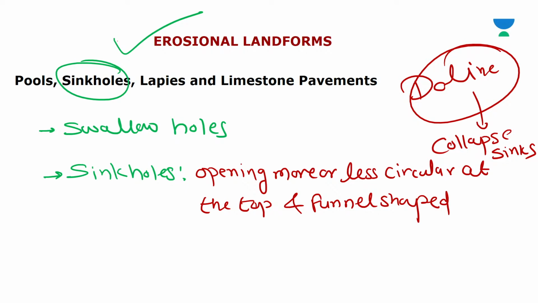Now, the solution sinks are more common than collapse sinks, and quite often the surface runoff simply goes down shallow sinkholes and flows as underground streams and re-emerges at a distance downstream through a cave opening.